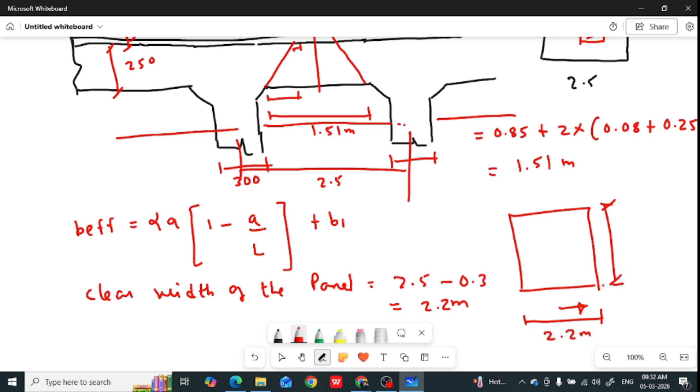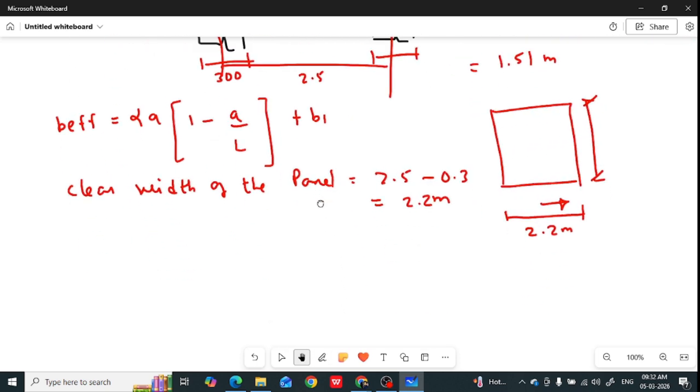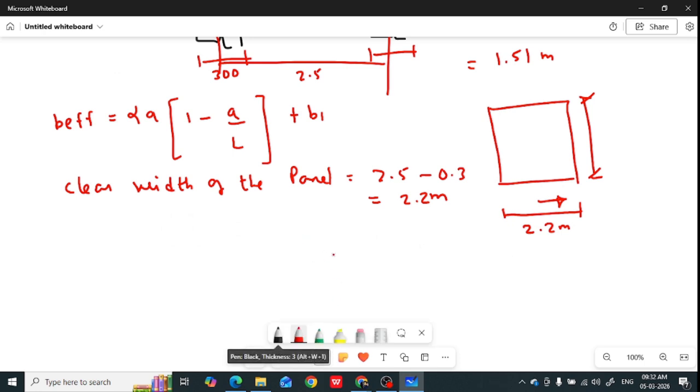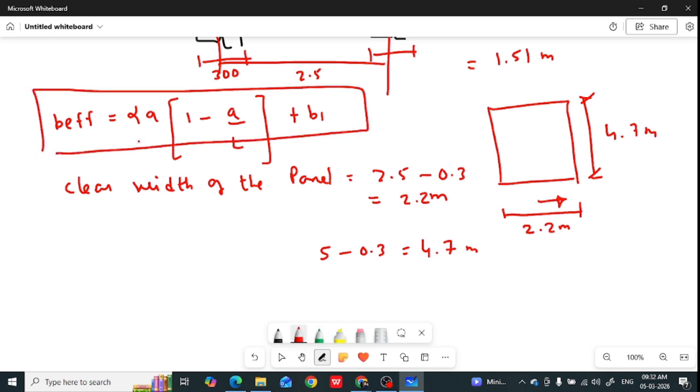Similarly, the length of the panel. In the length of the panel, you have the cross girder. So the clear span will be 5 meter, the center to center distance between the cross girders, minus 0.3, and this is coming as 4.7 meter. So this is 4.7 meter and this is 2.2 meter, the clear dimension of the internal panel. Now, to find this, we need to find alpha. Alpha value depends on the B by L dash value.